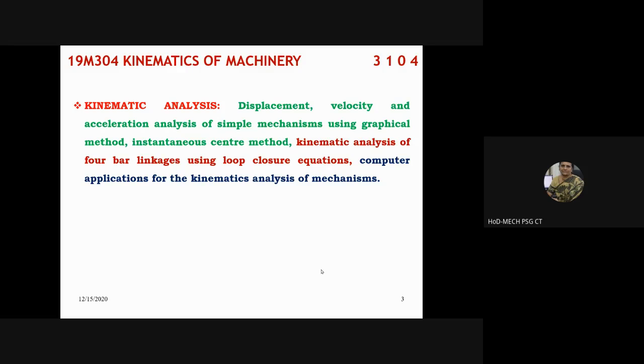Initially, we will be learning about graphical methods, and later on, if time permits, we'll go ahead with the analytical method. And of course, it is now possible to carry out kinematic analysis using computer programming as well as commercially available software, which we will try to at least introduce at some later point of time.